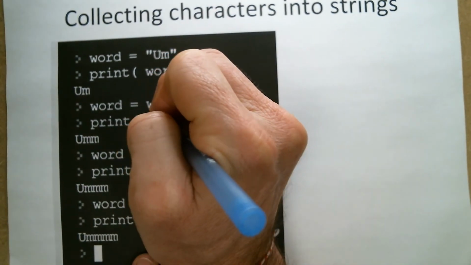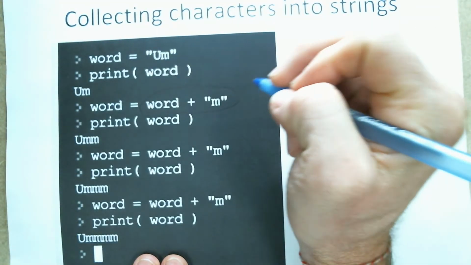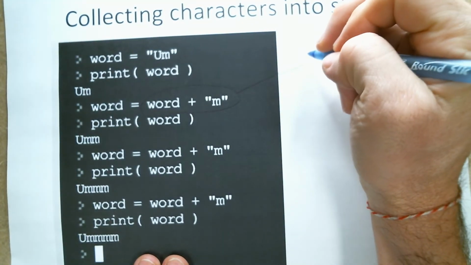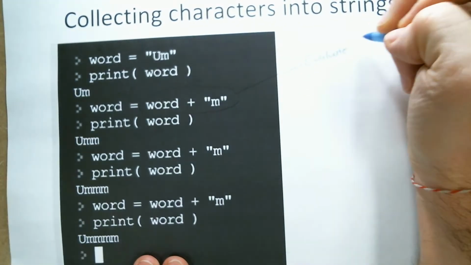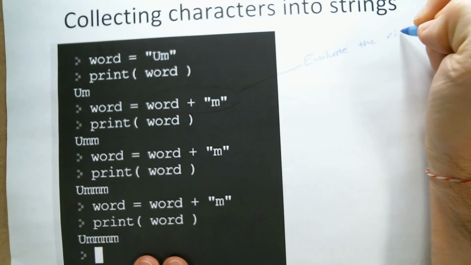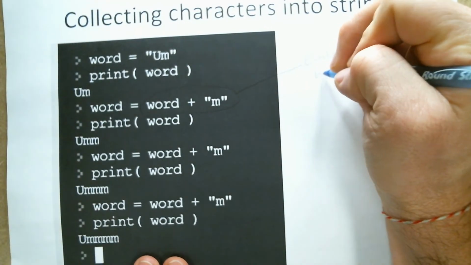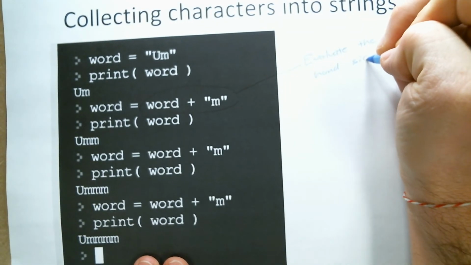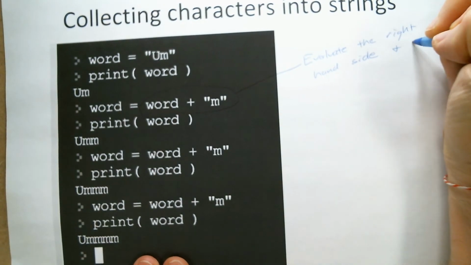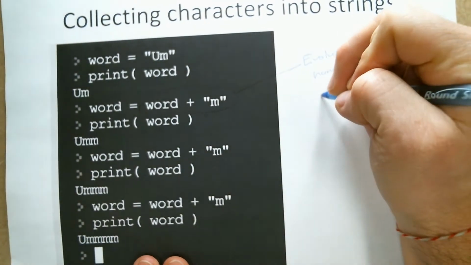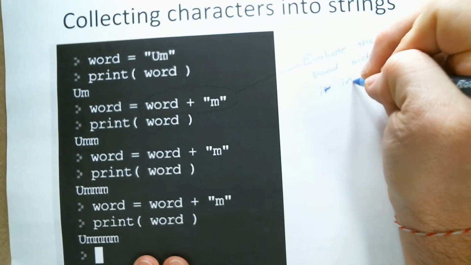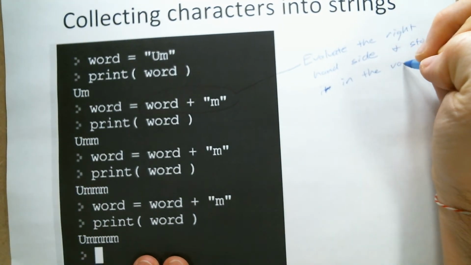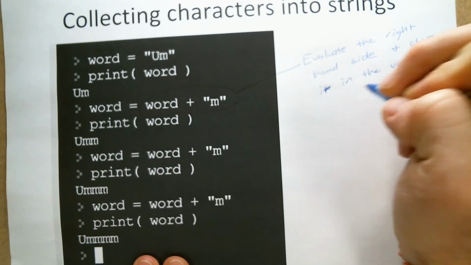So generally, remember, when you're doing these equal signs, we evaluate the right hand side and store it in the variable on the left.